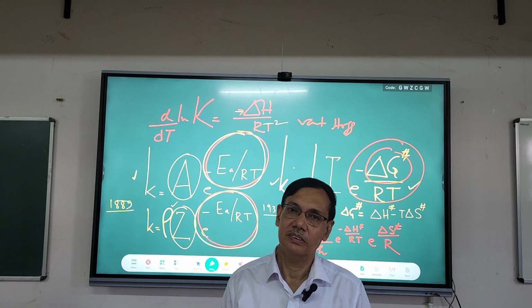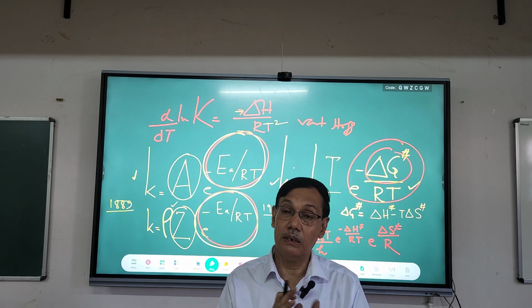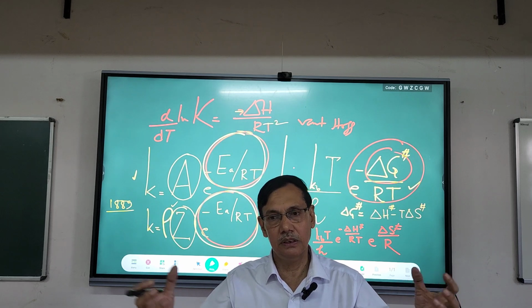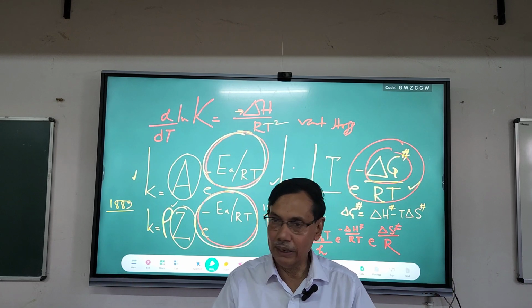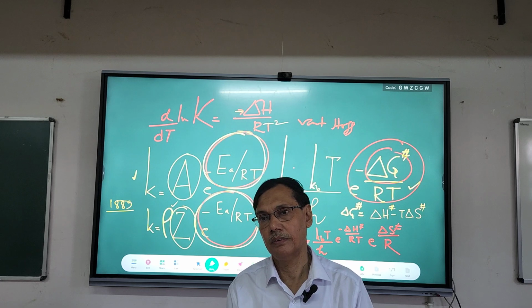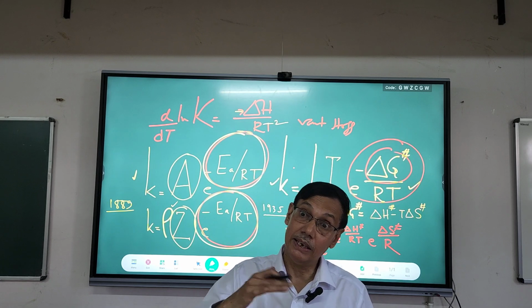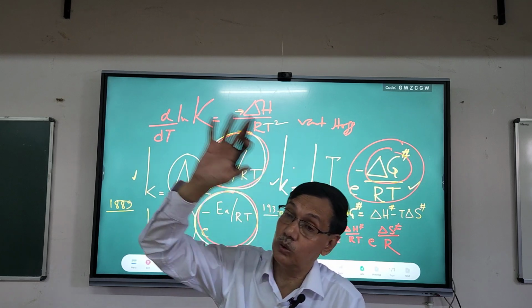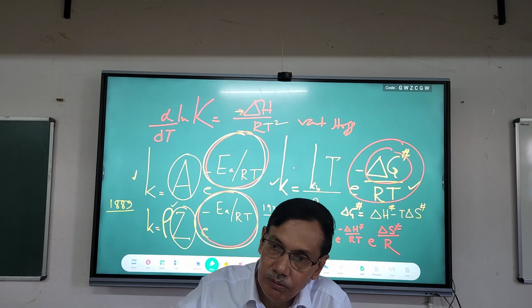Fine. So we have to understand that because there are 60 students, 60 molecules, you just consider you are all molecules and you are colliding. So I have to deduce or determine the number of molecules having energy greater than the threshold energy. For that I have to calculate the total number of molecules.